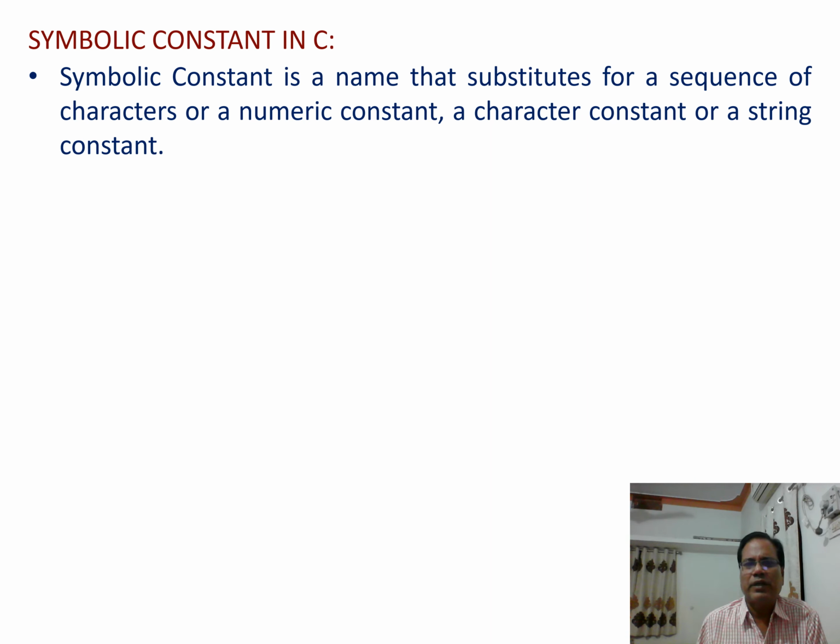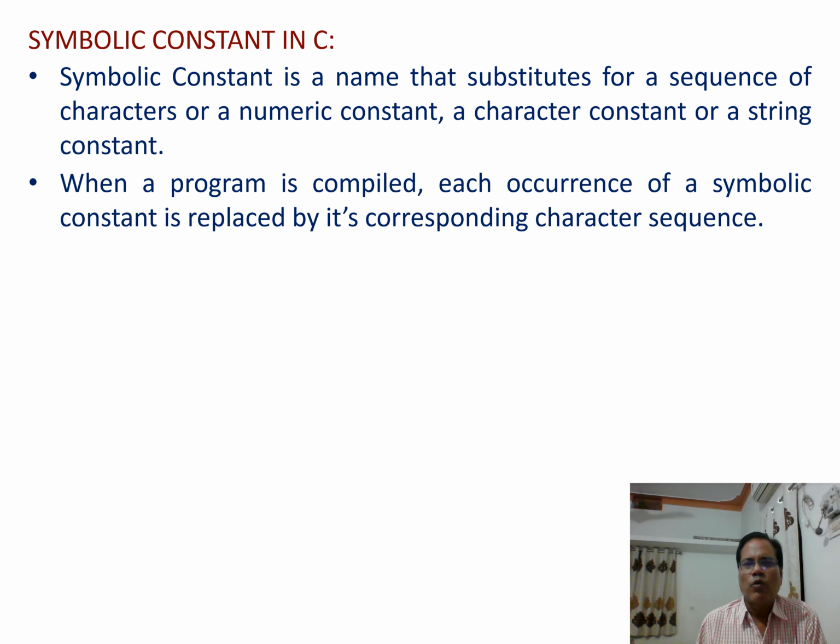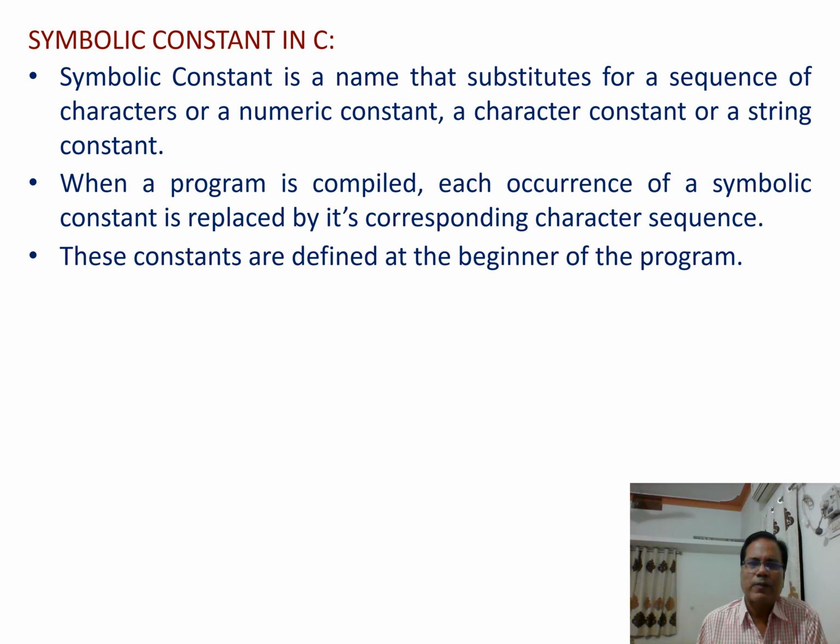So this is nothing different from those constants. Still, we have to discuss it under the heading of symbolic constant because it can be asked in the exam. When a program is compiled, each occurrence of a symbolic constant is replaced by its corresponding character sequence.